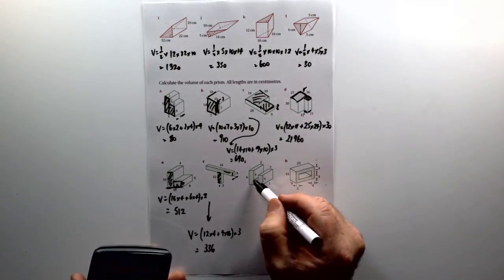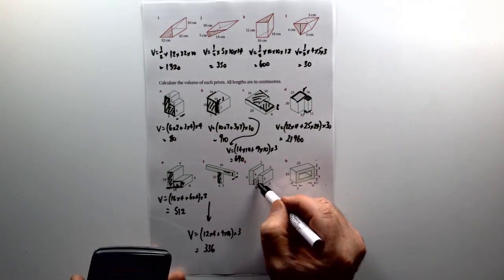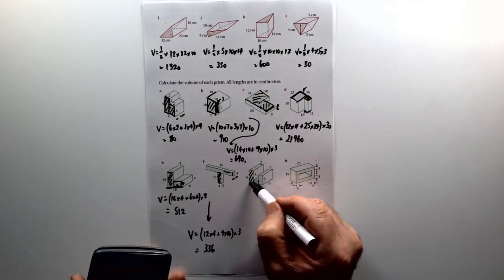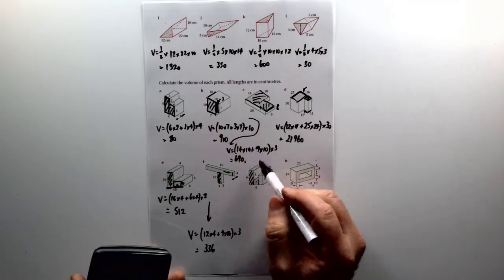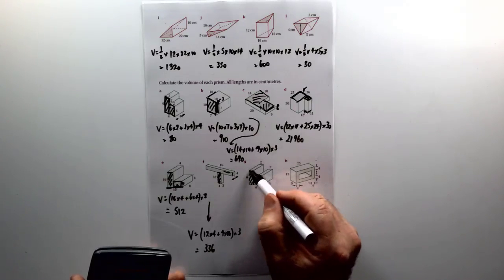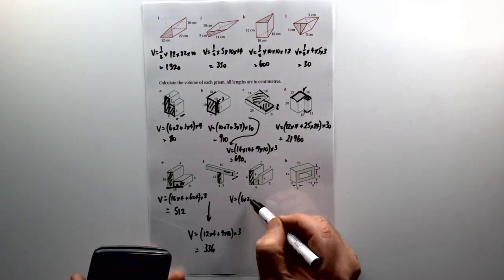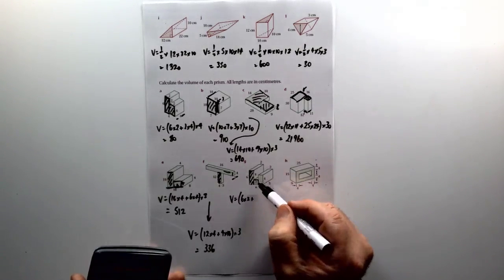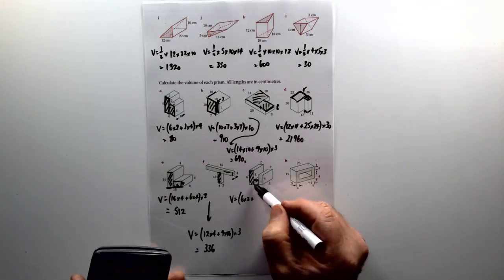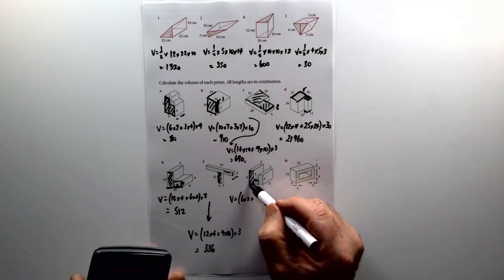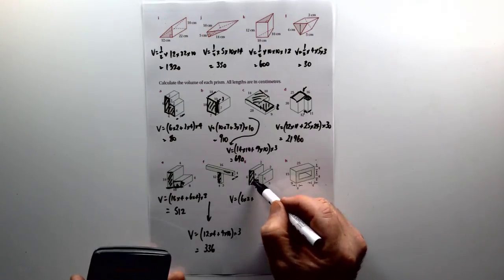Okay, this shape here, let's cut it across there and there. So that section there is going to be 6 high and it's going to be 2 wide. So we've got 6 by 2. This section here is 2 wide, and if that's 6 and that's 4, that means that height is 2.